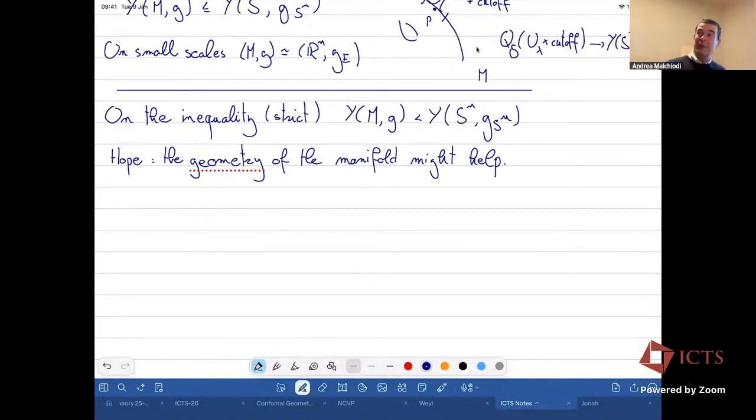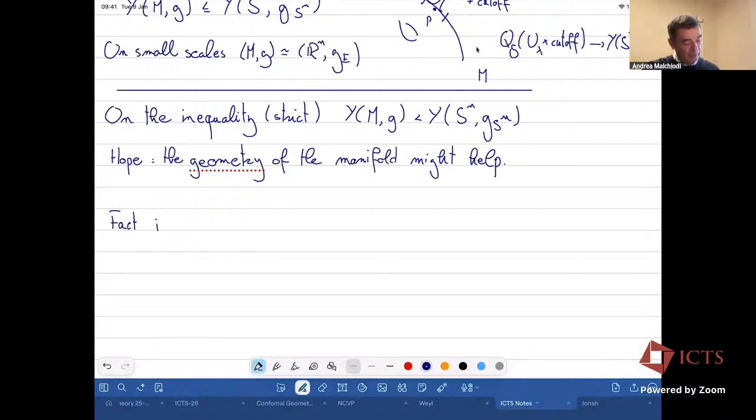There is a tensor, the curvature tensor, which distinguishes R^n from every other manifold.